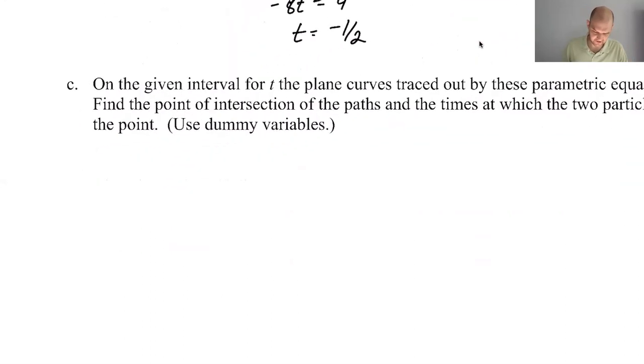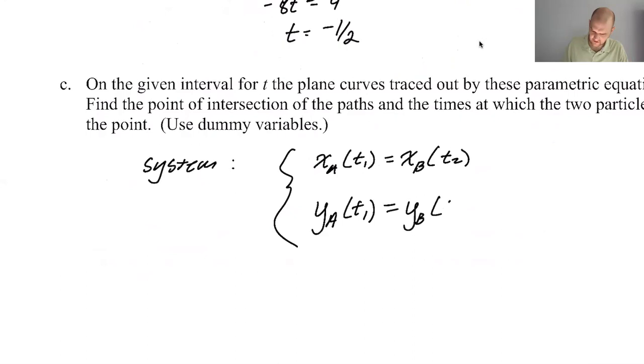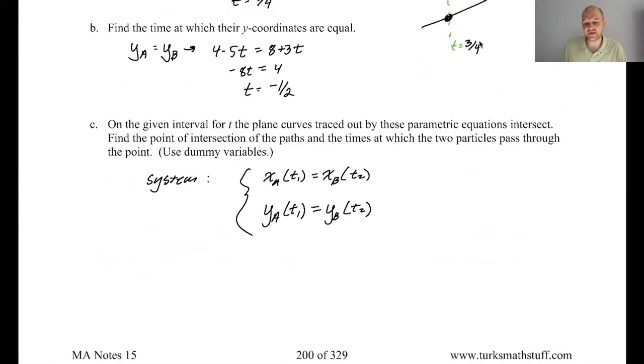So we're just going to do our system, right? It's going to be xa of t1 equals xb of t2, and then ya of t1 equals yb of t2. We'll solve that for t1 and t2.